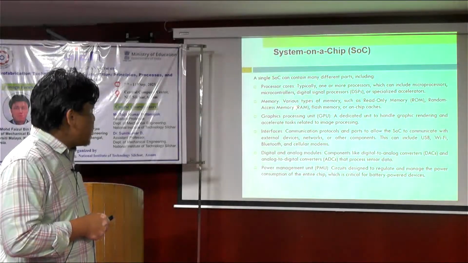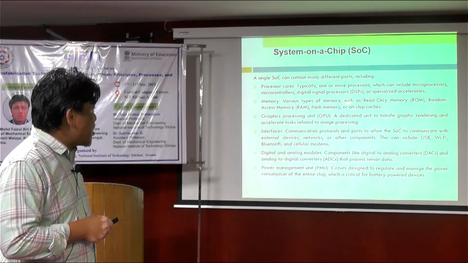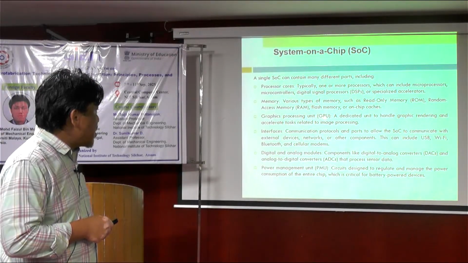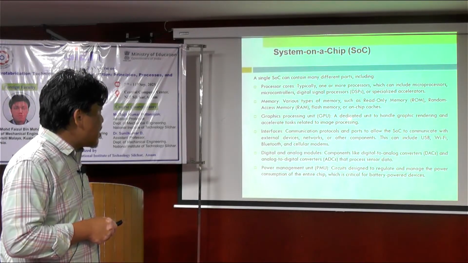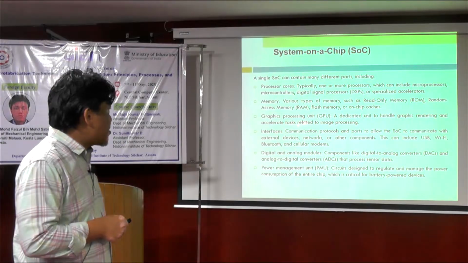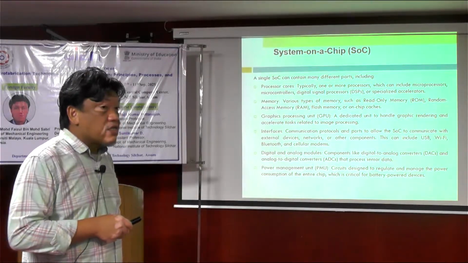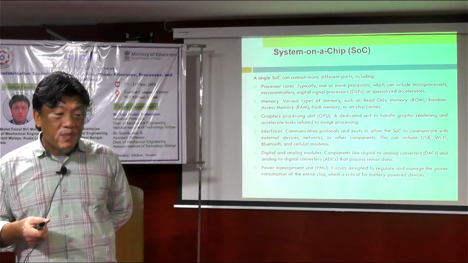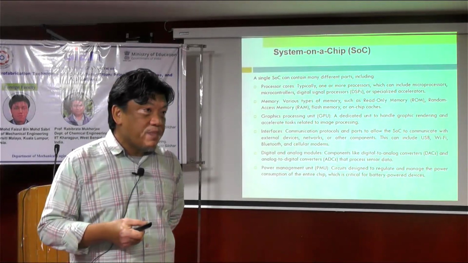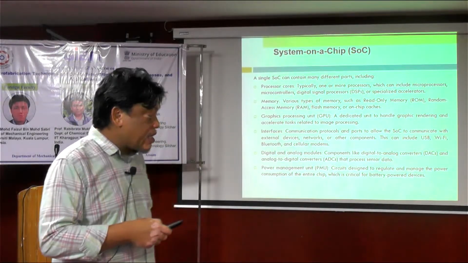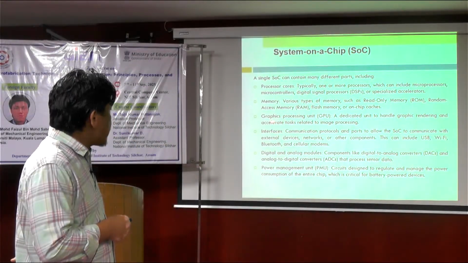And memory, for example, various types of memory, such as read-only memory. A graphics processing unit also can be integrated, a dedicated unit to handle graphic rendering and accelerate tasks related to image processing. So you can see that nowadays with a small camera, for example, the MEMS CCD, you can also get the image processing done straight away.